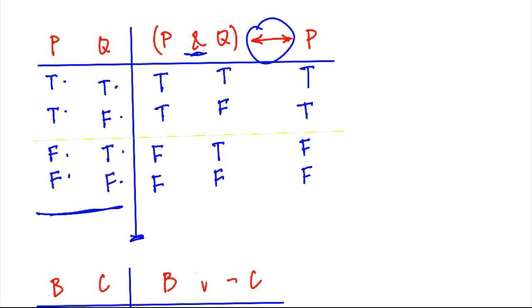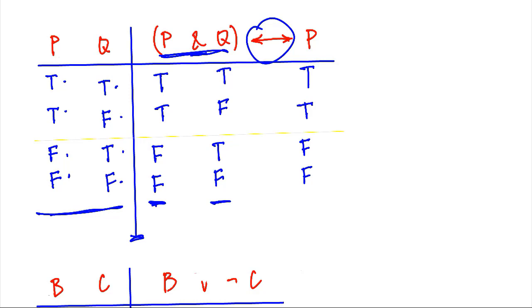We have to start over here, and so what we're looking at is this sentence that's inside the parentheses, P and Q. And so we're just looking at the values for this P, and the values for Q. So again, you have to look at the characteristic truth table for the conjunction.